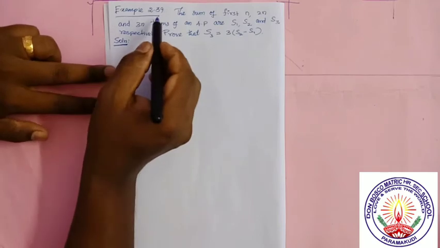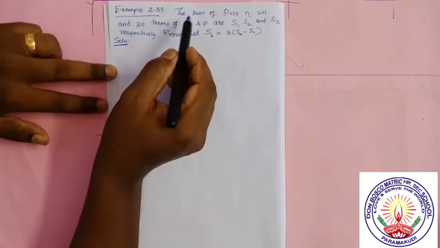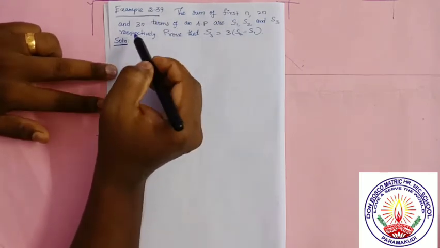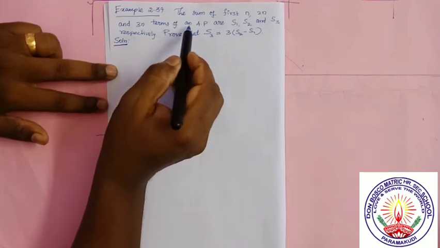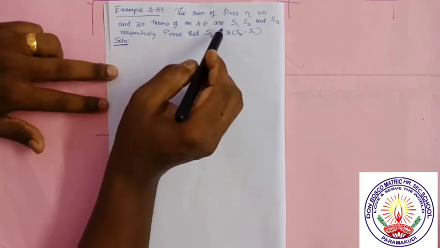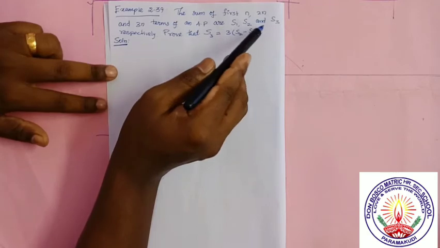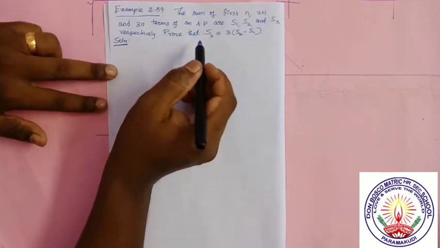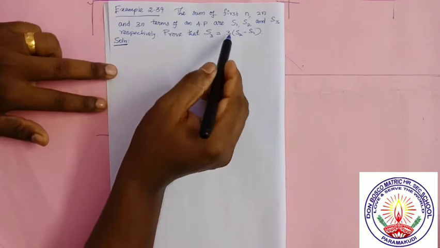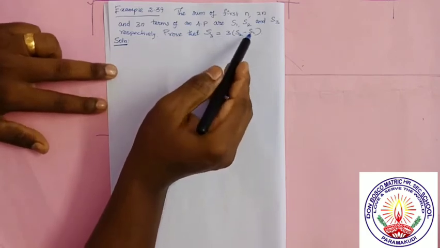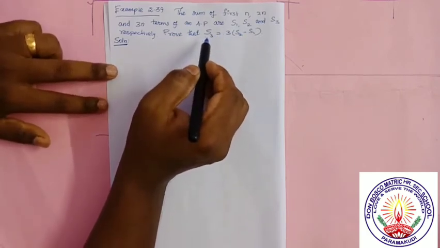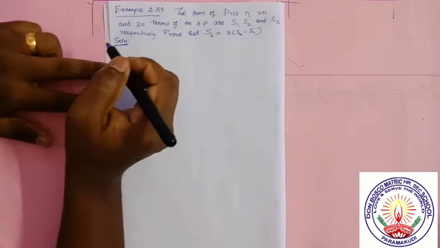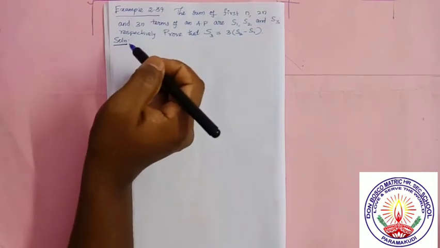Example 2.39. The sums of the first n, 2n and 3n terms of an AP are S1, S2 and S3 respectively. Prove that S3 is equal to 3 into (S2 minus S1). It's a very, very important 5-mark question. What is given?